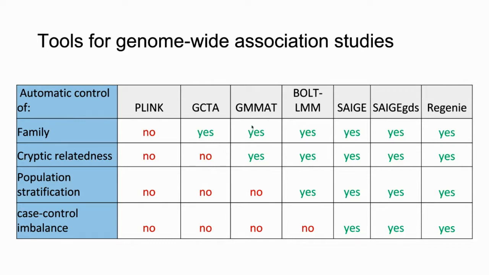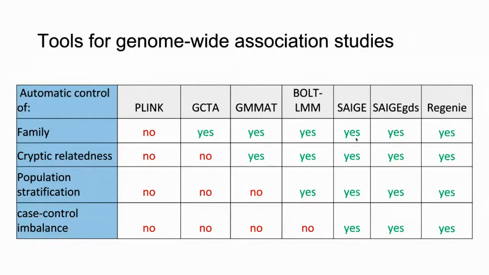So it does try to control cryptic relatedness, which is very good. And then you have BOLT-LMM, which improves the algorithm in GEMMA. It's more efficient, and I think it includes also more precision for binary traits. It starts to use the saddlepoint approximation, adds the score test, corrects for population stratification.